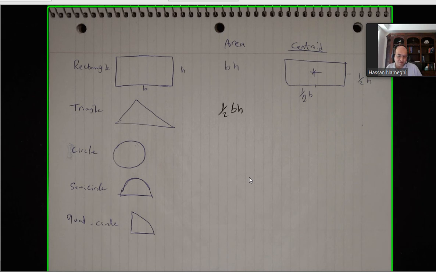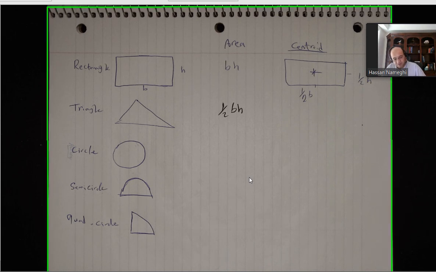You can use the same example to find the centroid of any triangle. If you look at a triangle like this, you cannot say that the centroid is in the middle, right? Because in the middle, you don't have the same area or contribution on each side.